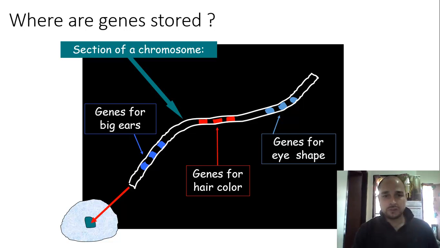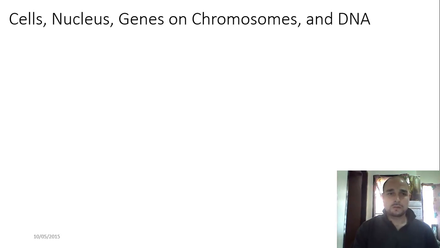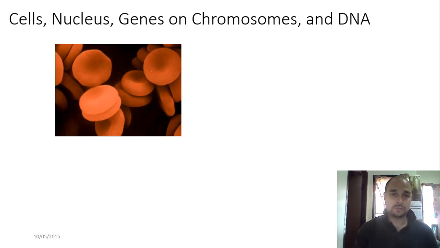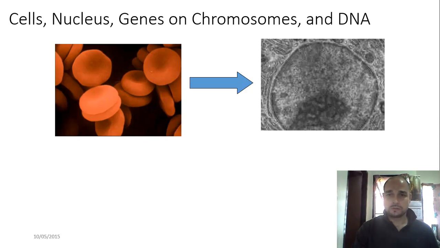They are stored, the genes are on long chromosomes, and different sections of the chromosome have the genes. So there are 3 examples right there. Genes for big ears, genes for hair color, and genes for eye shape. Alright, so we're going to go from smallest to largest here. This is red blood cells. Inside of cells are nuclei, plural.